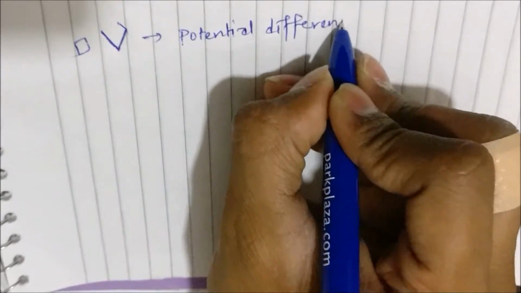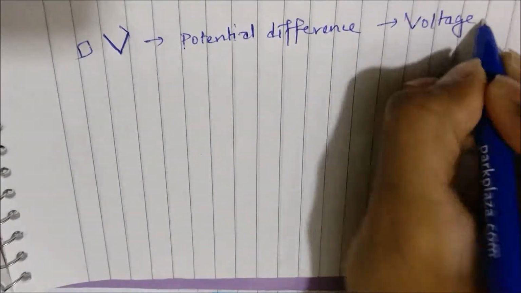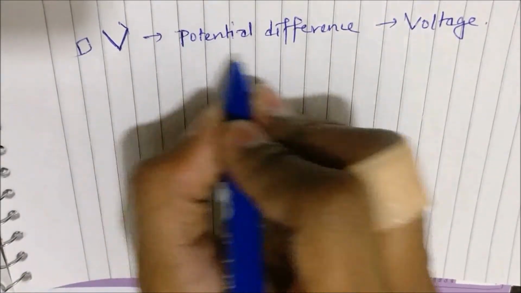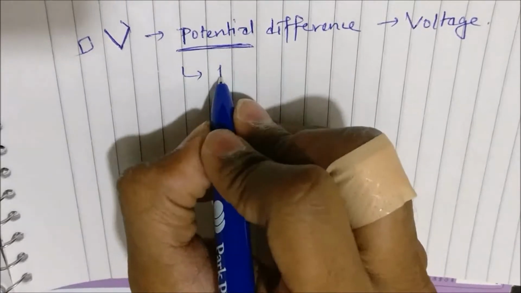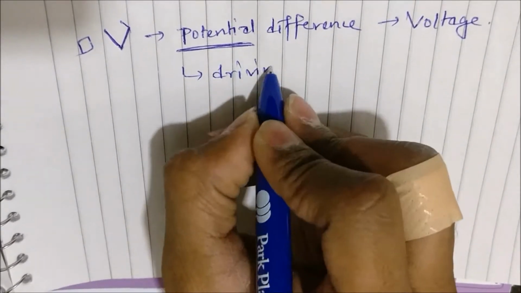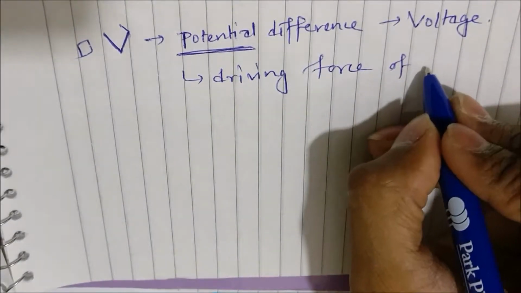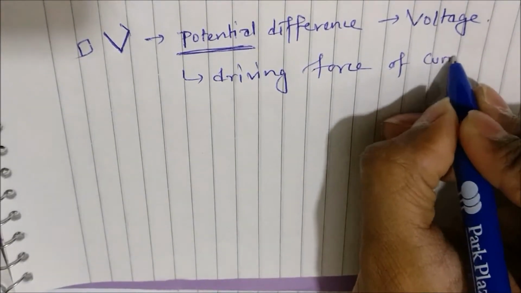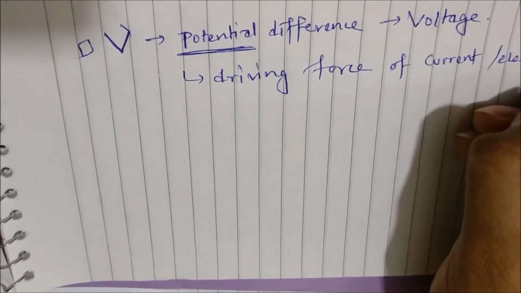So we call it voltage or potential difference. Very good, you understand. So what does this mean? It means this is basically the driving force. Let me just write it down quickly: driving force of current or electricity. Both of them are the same thing.